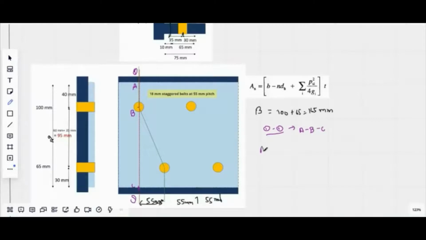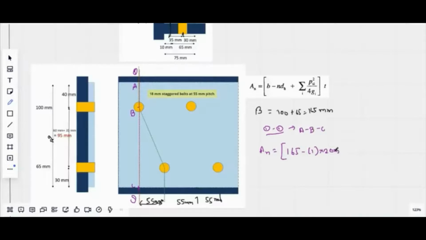The net area is given as the width 165 minus one bolt into the diameter of the bolt, which is about 18 mm.